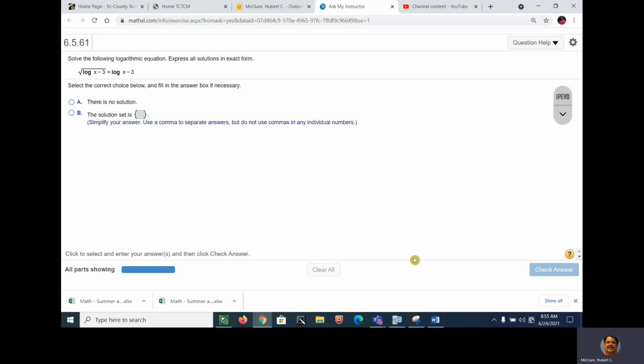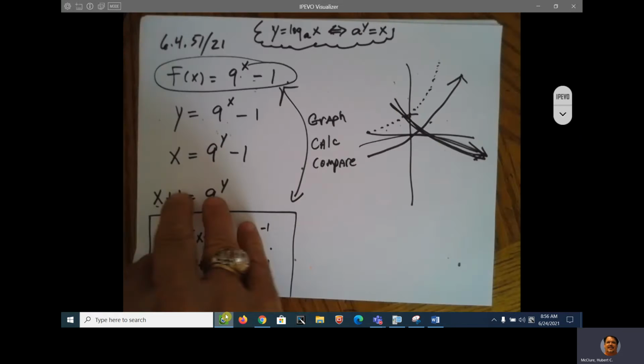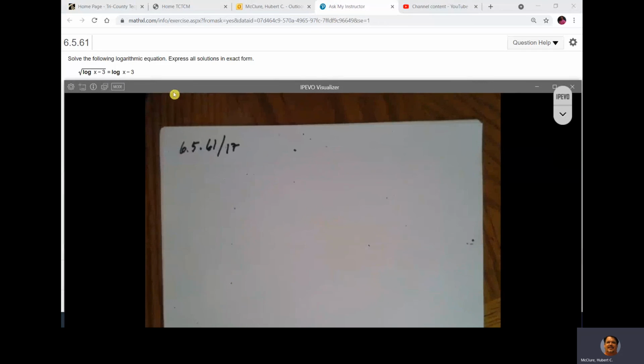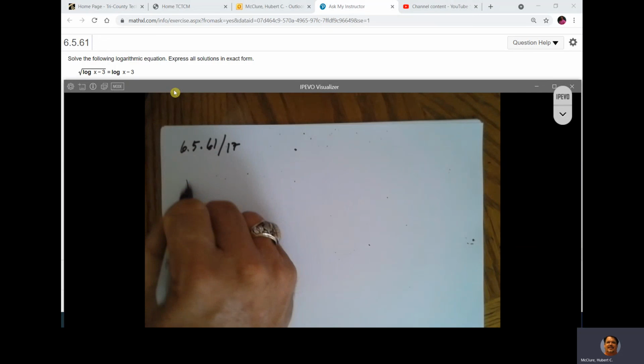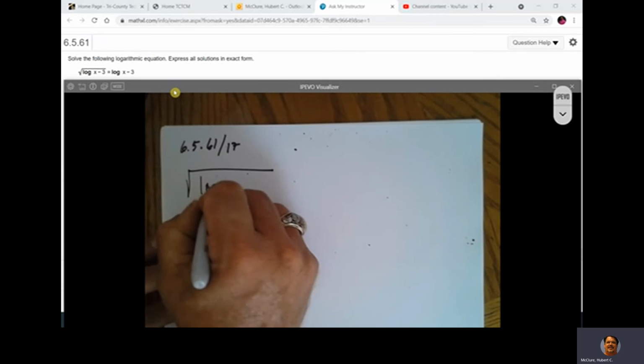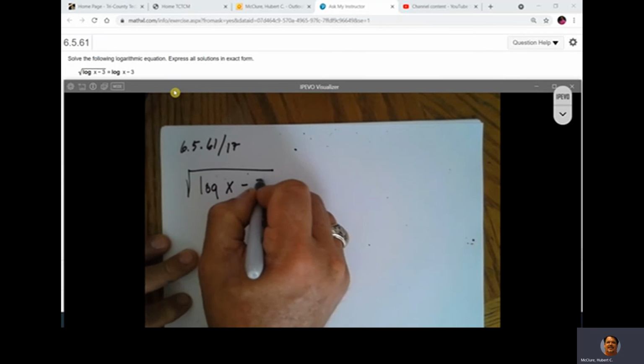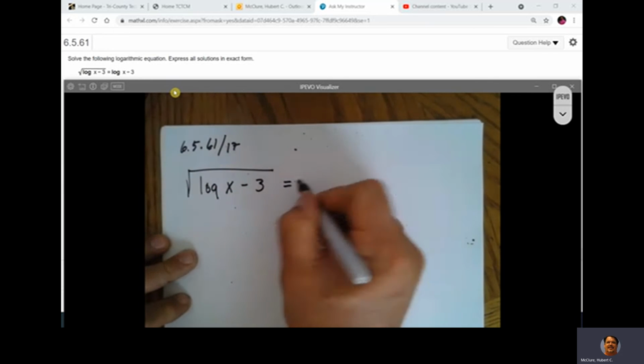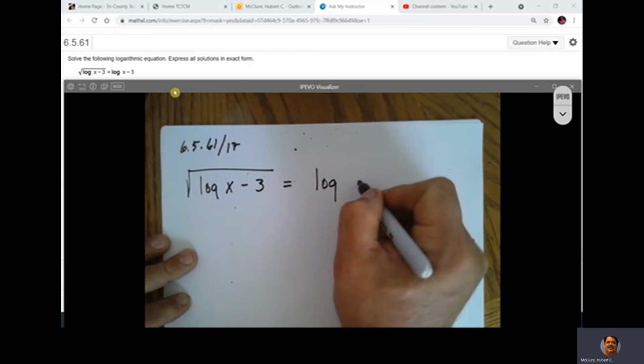And anytime you have an equation, it's going to be a test question, because equations and rewrites, what I like to put on the test. This one says the square root of log of x minus 3 is equal to log of x minus 3.